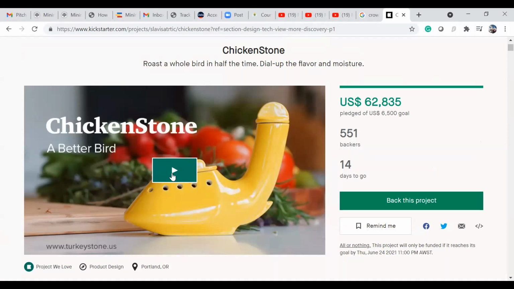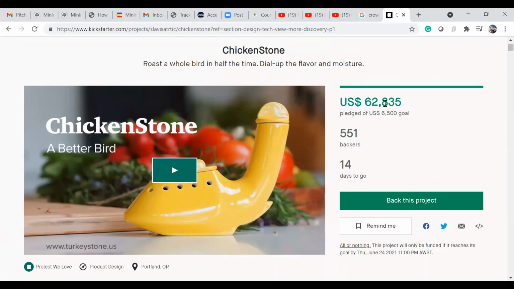So what is Chicken Stone? If you look at this page, at this figure here, over maybe a month, they tried to get as many customers as possible. The number of backers now is around 551, meaning there are 551 people willing to buy this early stage product.